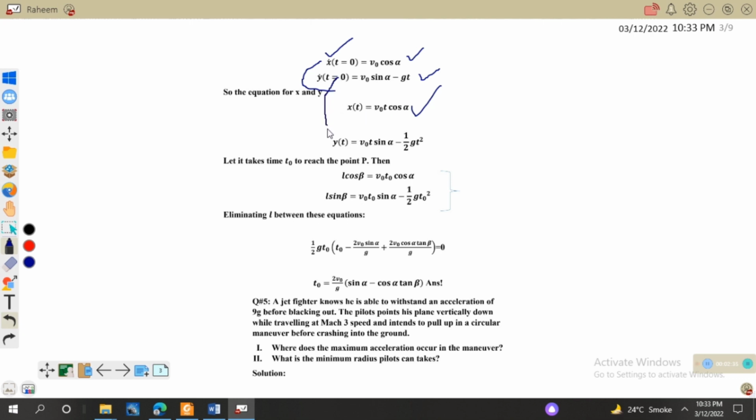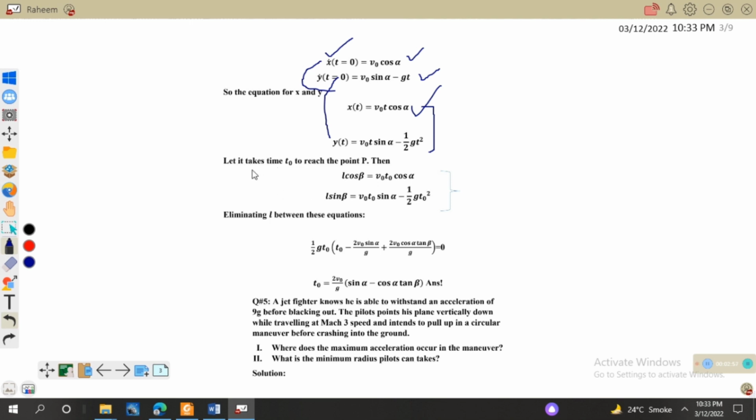After integrating the other equation using initial conditions, we get the displacement along the y-axis, y of t equal to v naught t sin alpha minus 1 over 2 g t square. So we have obtained the equations of motion along the x and y axes.